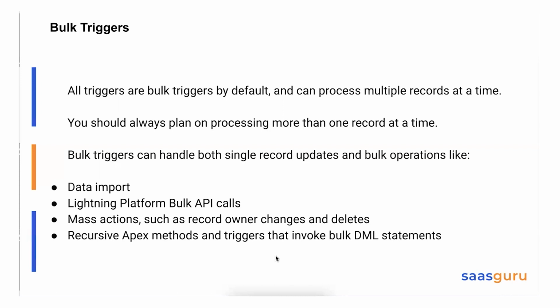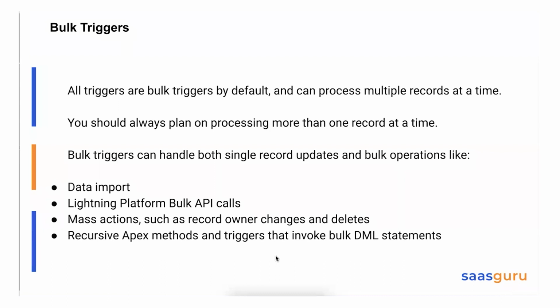Similarly, recursion. Let's talk about recursion again. I am going to create an account record, and then in the logic I create a contact. There is a contact trigger, and in that contact trigger, suppose an account record is created again. That account record will cause the trigger to fire again, and it will go in a loop, which causes recursion.